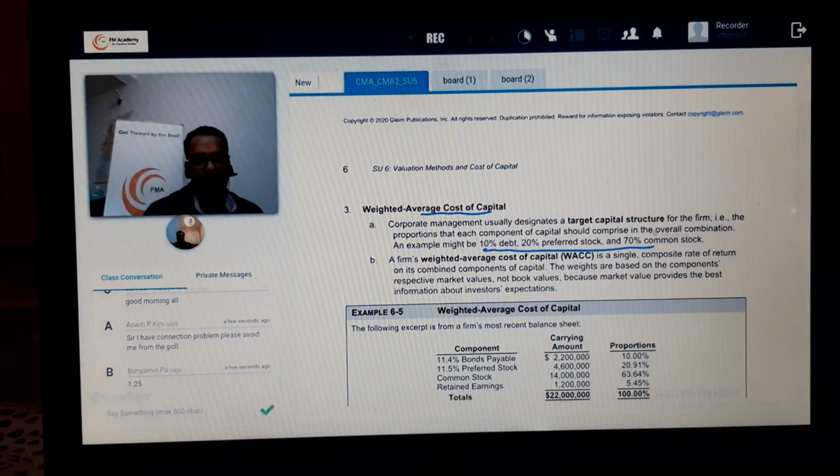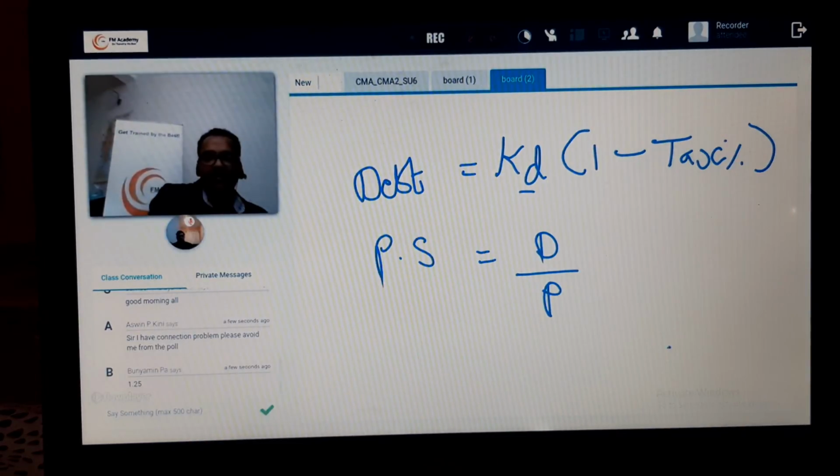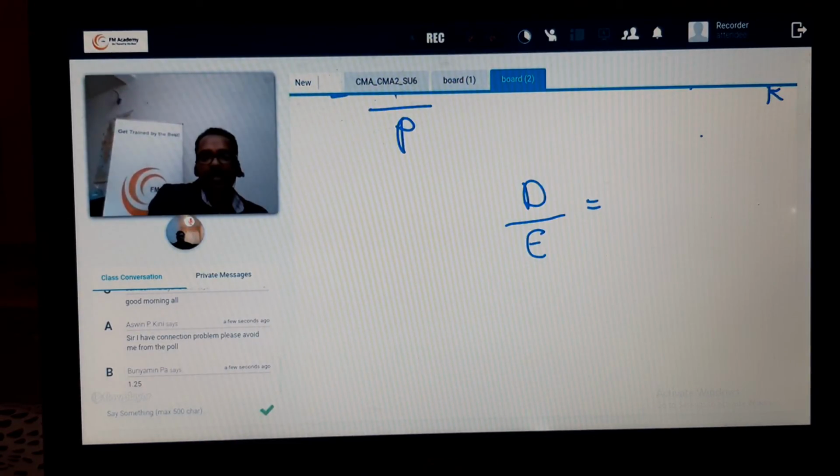Sometimes they may say debt to equity equals 2. So for every $1 of equity, you have 2 of debt.